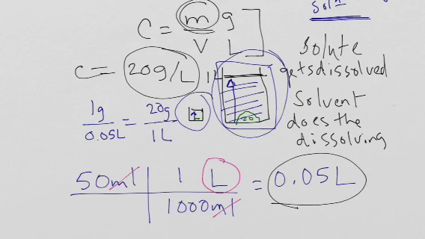If you divided this by this and that by that, you'd get exactly the same number for the concentration. They're just smaller amounts of the same mixture. It's like once this big one was made, I just went in and measured out 50 milliliters out of that liter. And if I evaporated that water, I would have been left with 1 gram of solute if it was properly mixed. That's all this means.